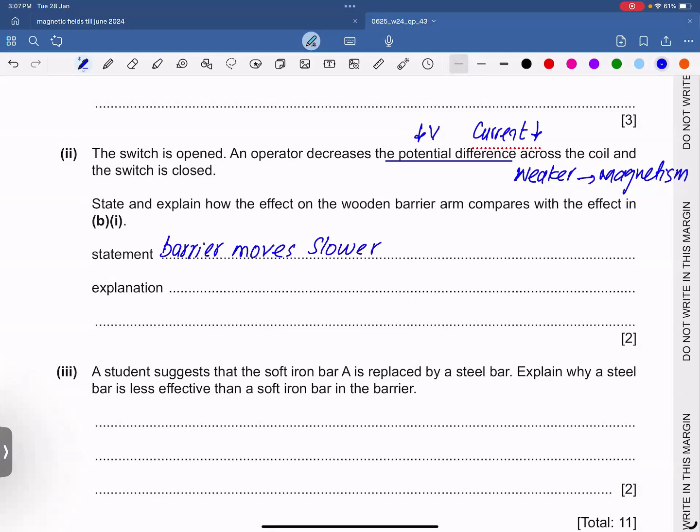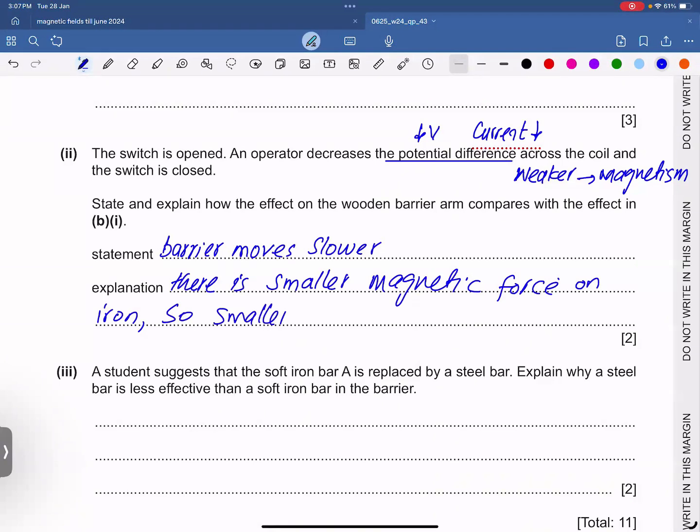And the reason is the magnetic field or magnetic effect is less. So there is a smaller magnetic force on the iron, so a smaller moment. Moment means smaller rotation.